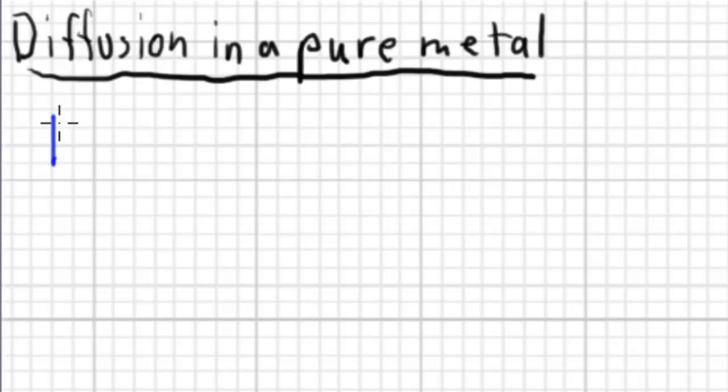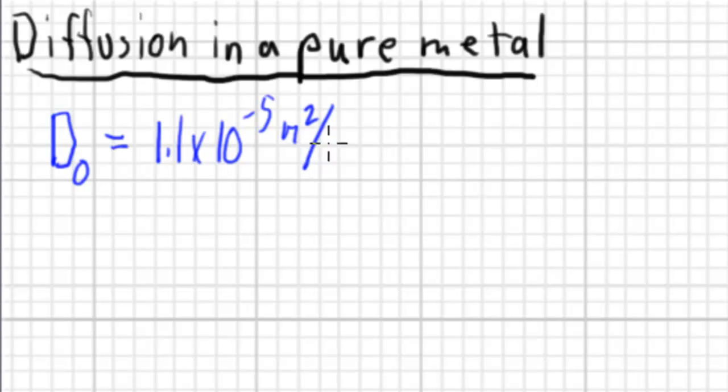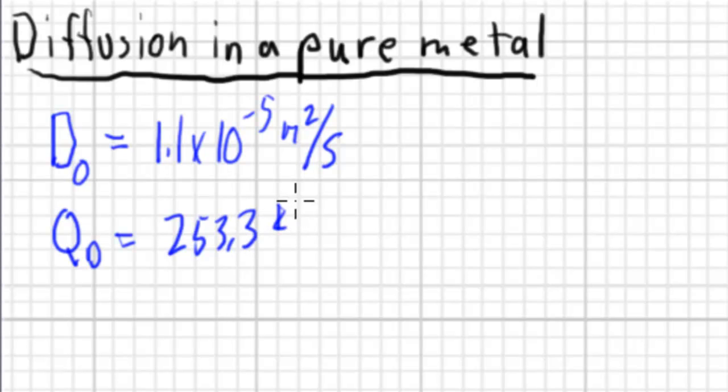The pre-exponential is given as 1.1 times 10 to the negative fifth meters squared per second, and our activation energy, QD, is 253.3 kilojoules per mole.